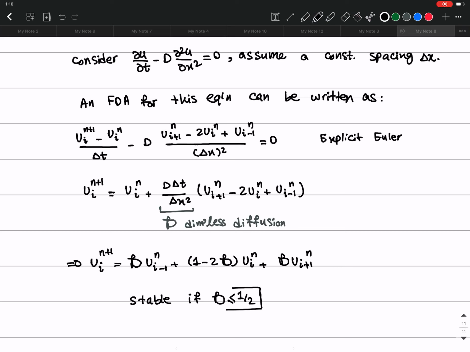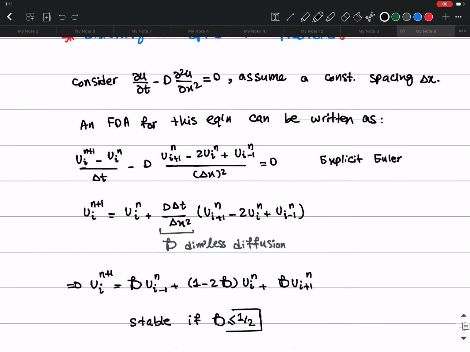As you solve u for the new step, u_i^(n+1) is going to go to infinity if the stability criterion does not hold.